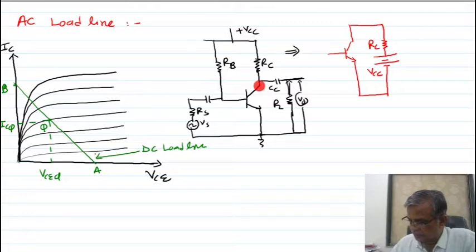Look here, from the collector you are connecting to one terminal of RC. The other terminal is connected to plus VCC, and the second terminal of the VCC is connected here. So this section I am showing you like this.